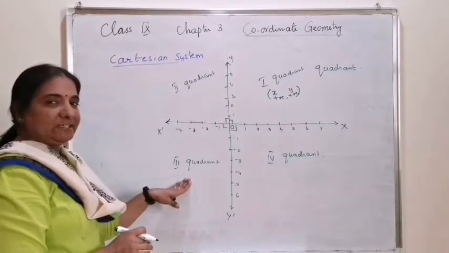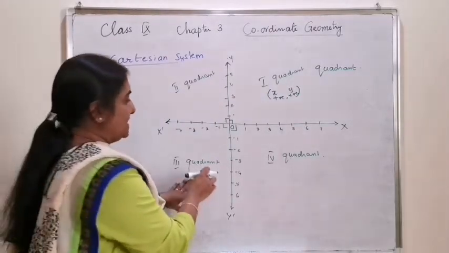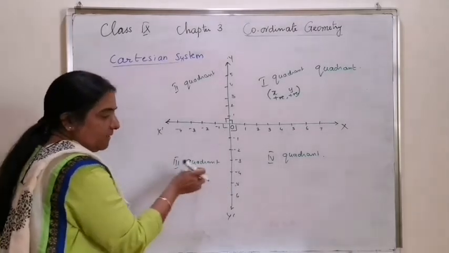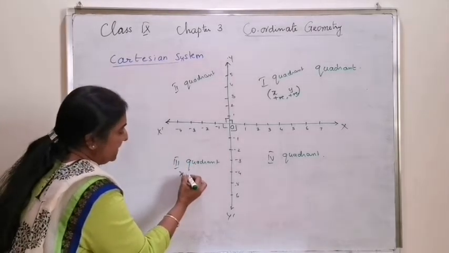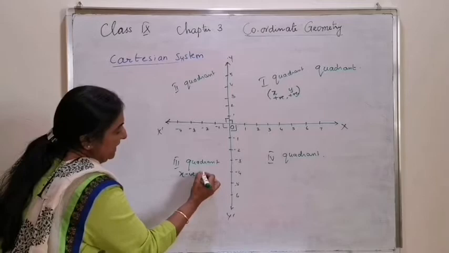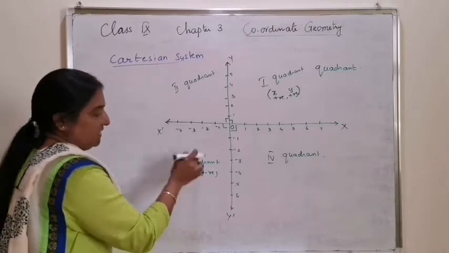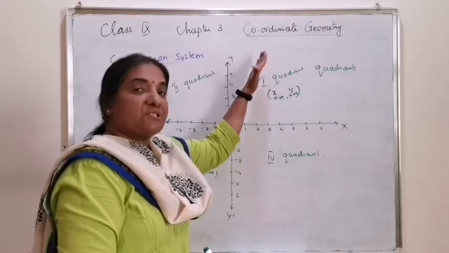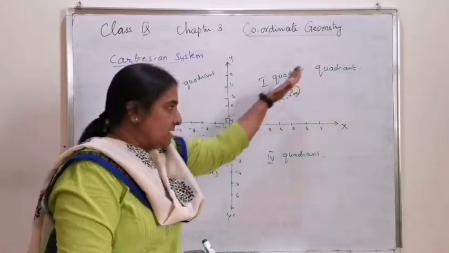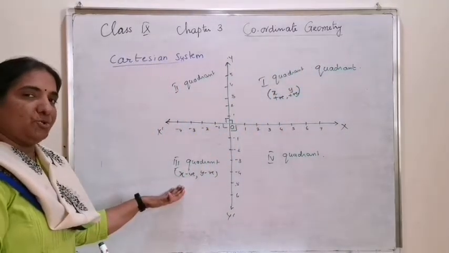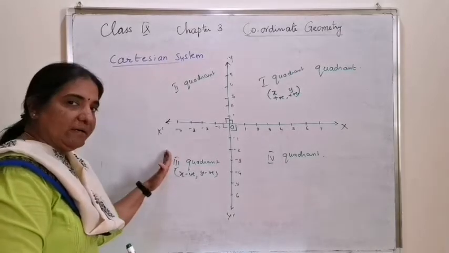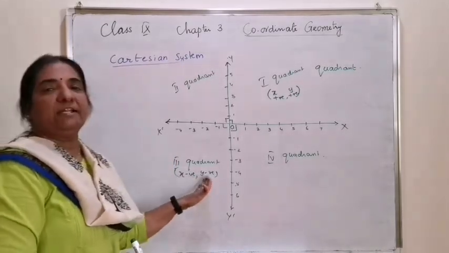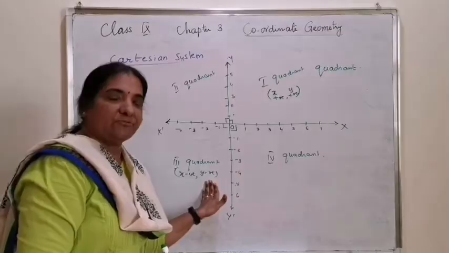Diagonally opposite, in the third quadrant, you can see x value negative, y value also negative. So, x negative, y negative in the third quadrant. First quadrant will have x positive, y positive.